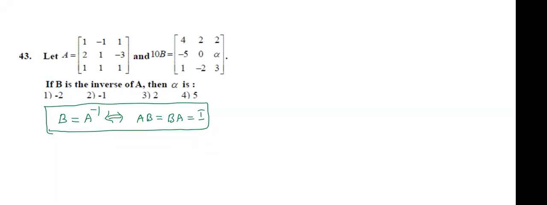Okay. Now use this concept. AB is equal to I. So first of all, what is the A matrix? Already we know that: 1, minus 1, 1; 2, 1, minus 3; 1, 1, 1. This is the A matrix. Then what is the B matrix, students?